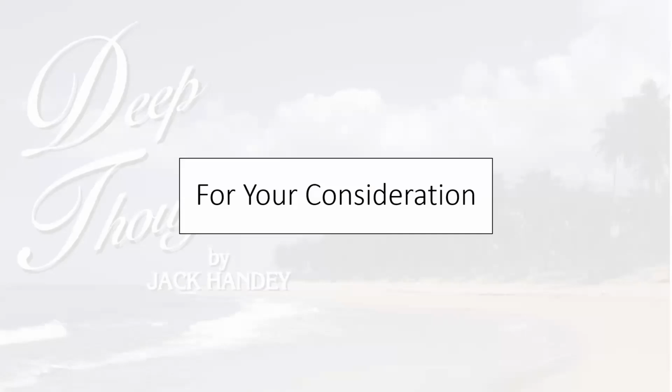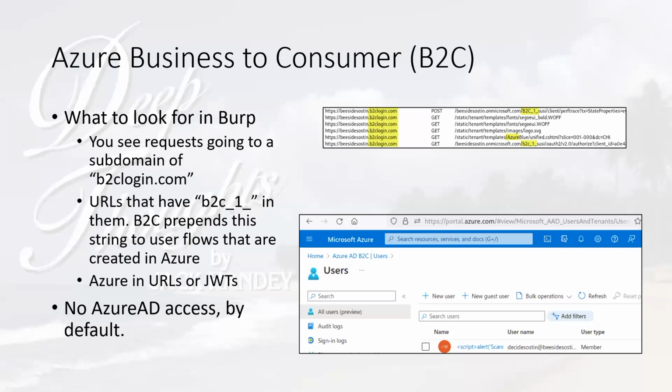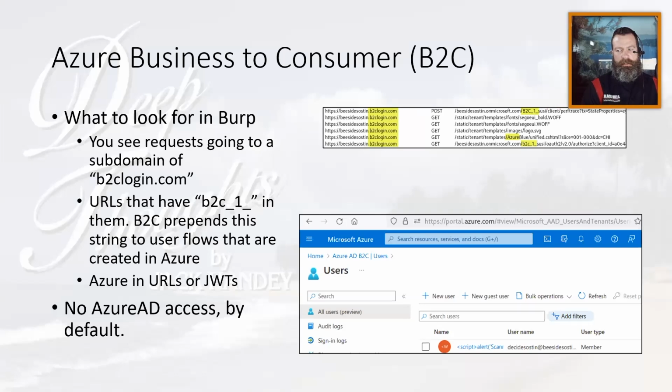All right, and finally, I have a couple of things for your consideration, things that I think about from time to time and will research, time permitting. The first is this thing I came across in an app test a few months ago called Azure Business to Consumer. It sounds a lot like Azure AD.